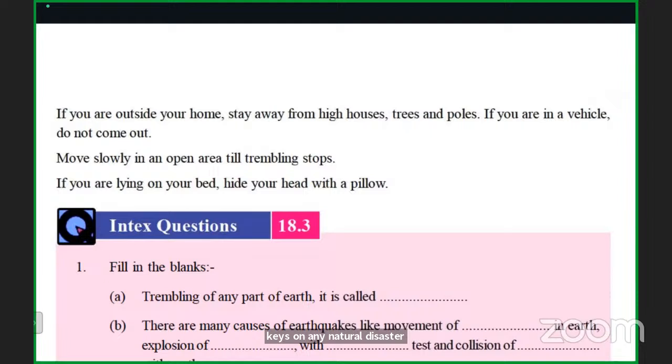Then you will have to prepare how much damage it caused, what intensity it had, then how that state or country recovered from it, and what preventive measures we can take to avoid it. You can prepare a report or a presentation also. Okay, that's what I thought about for today.